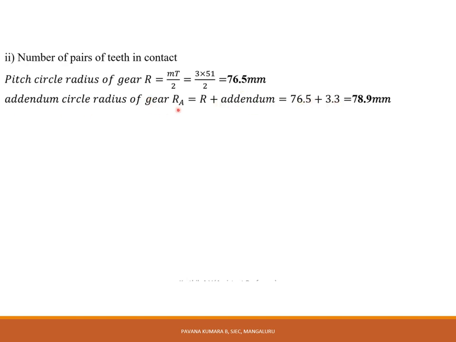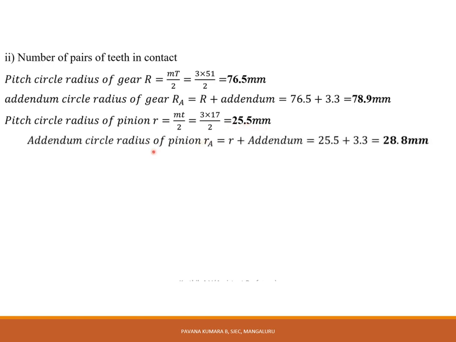From that expression we can determine RA, so RA is equal to R plus addendum. Now the pitch circle radius of pinion. Similarly, for pinion, small r is equal to mt divided by 2. From that we get r is equal to 25.5 mm. Addendum circle radius of pinion, RA is equal to r plus addendum. Addendum is the same.